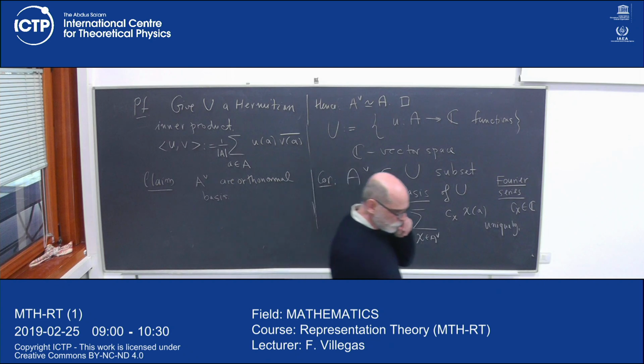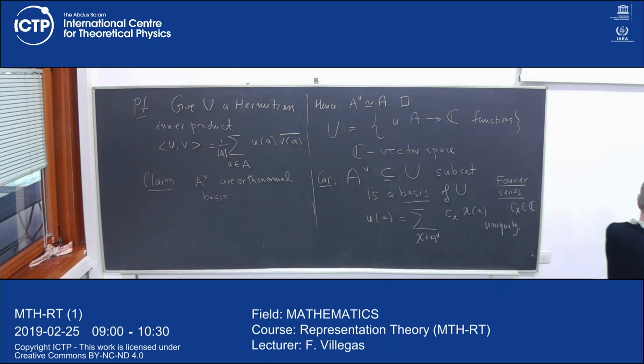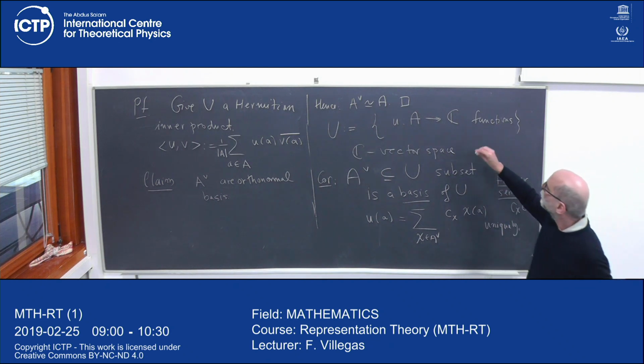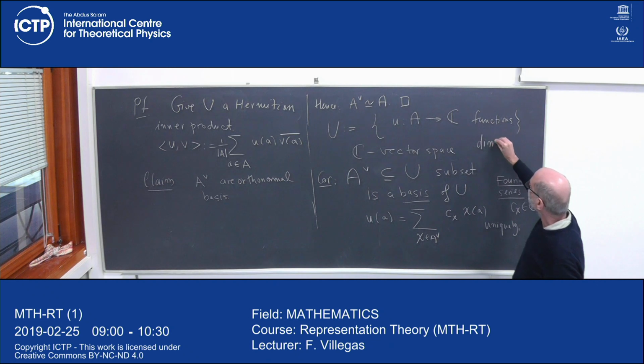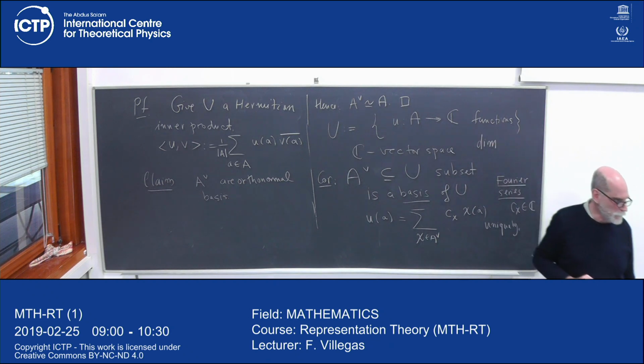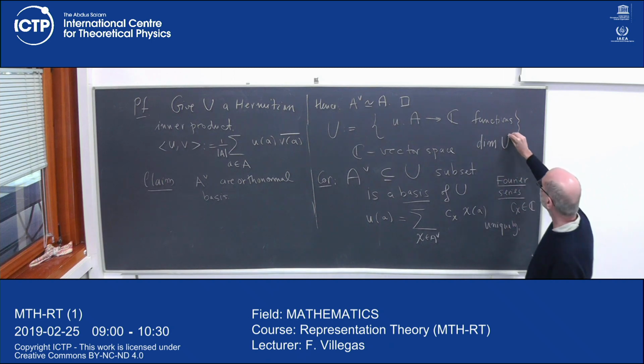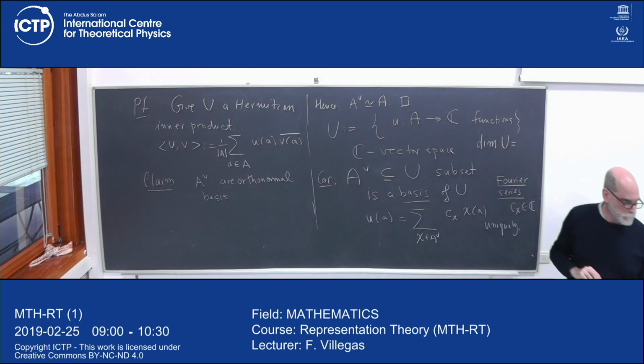So if I prove that they're orthonormal, then they're linearly independent, and because of what we proved before, the number of elements of A dual is the same as the number of elements of A, because they're isomorphic groups, and the dimension of U is what?